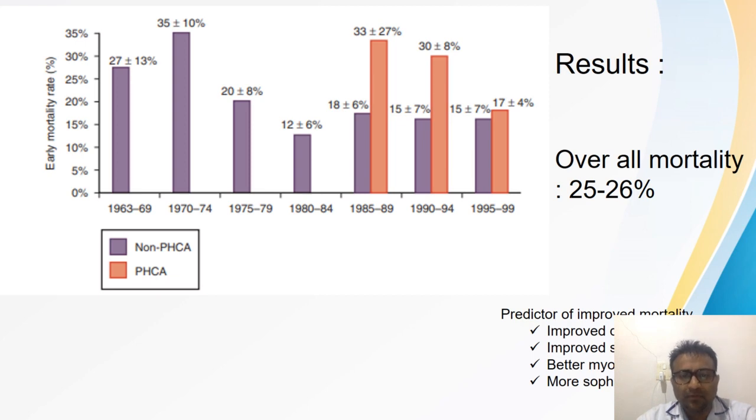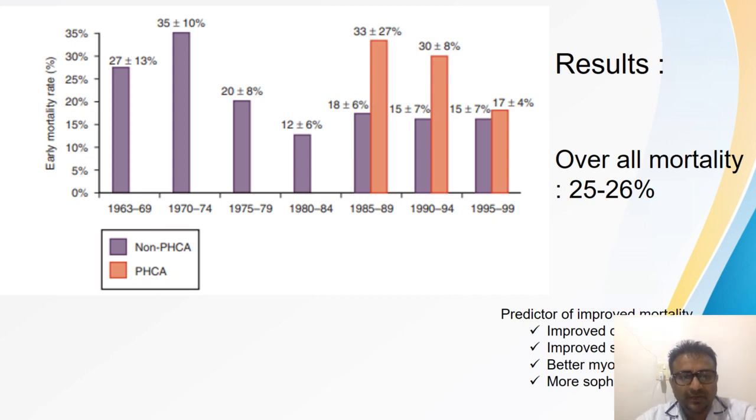Also, improved perioperative management has resulted in improved mortality. You can see on the left side the earlier mortality was 35% of all cases, but over a period of time it has come down to between 15 to 20% of the cases.